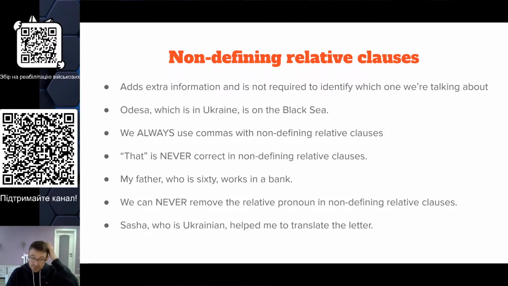So yeah, that's pretty much it for the theory for non-defining relative clauses. Does anybody have any questions here before we do some practice? I'll give you a few seconds if anyone wants to formulate any.